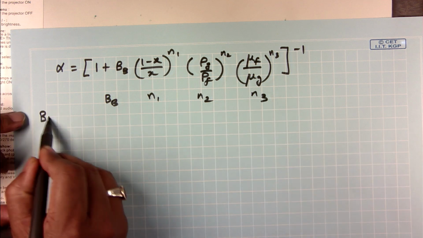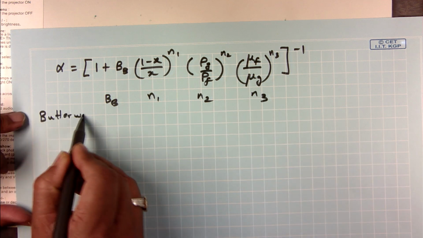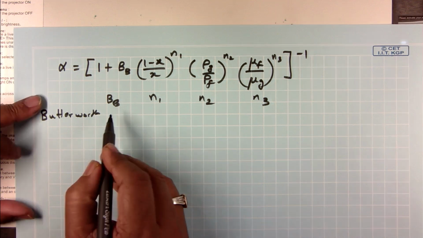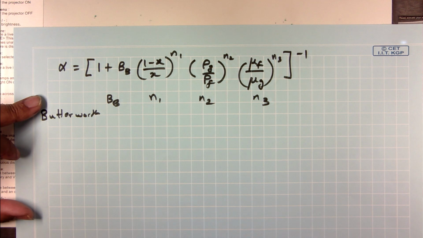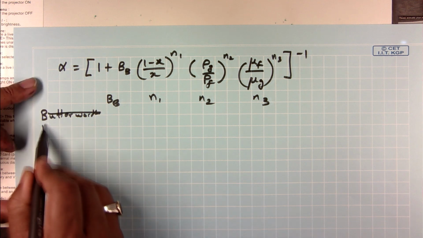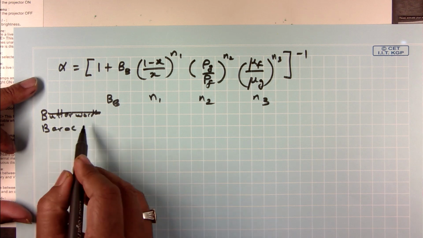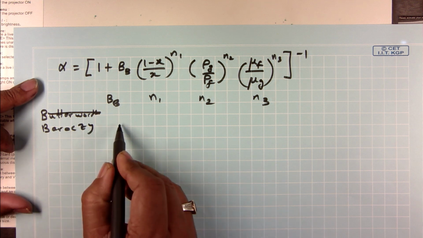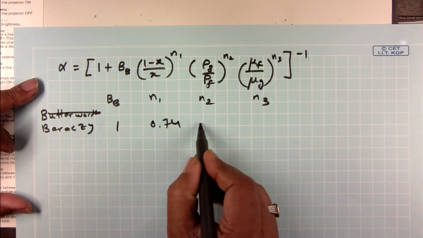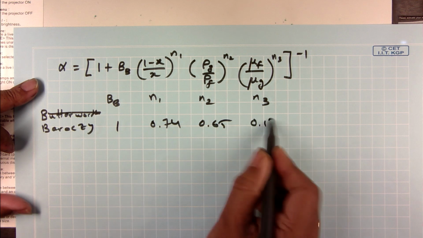Actually, let me put the Banerjee one instead of the Butterworth. The Banerjee correlation is probably the most universally applicable, and Banerjee came up with these values of 1, 0.74, 0.65 and 0.13 based on his experiments.